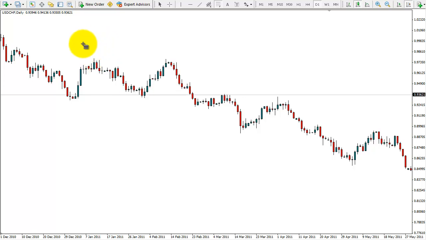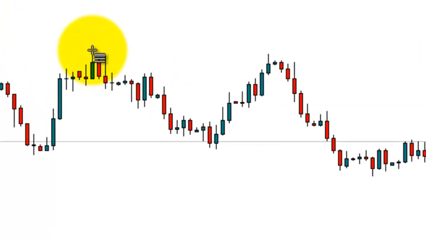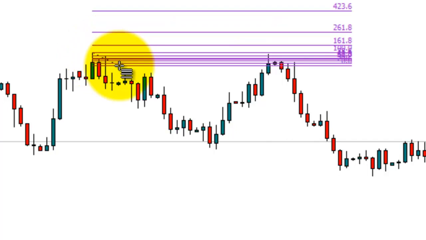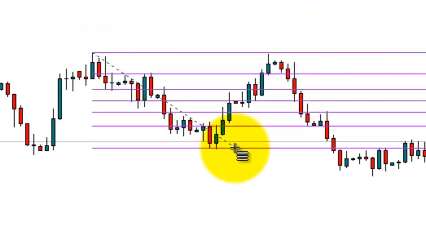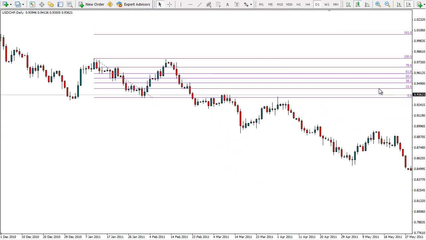Okay, so if we were to draw a Fibonacci retracement here, let's say for example that we can't see what this price action is here, so we've literally just got the market come down to that particular level there and we haven't seen what's happened after it. We would connect to the swing high here, click on it and drag it down to the swing low, and then as mentioned in the slides, we'd be looking for the price to react to one of these levels here.